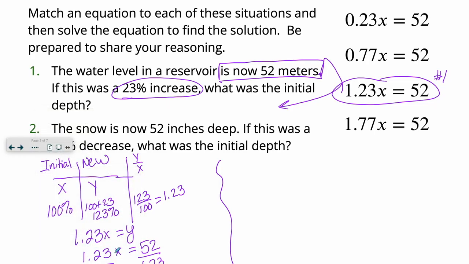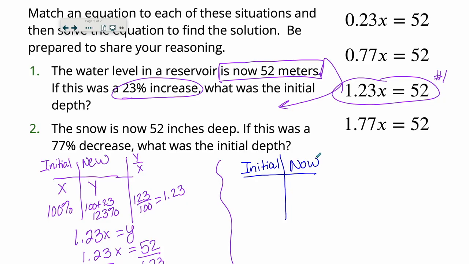Question 2. The snow is now 52 inches deep. If this was a 77% decrease, what was the initial depth? Again, we have our initial and now. X is always our original amount. So Y is going to be my now.